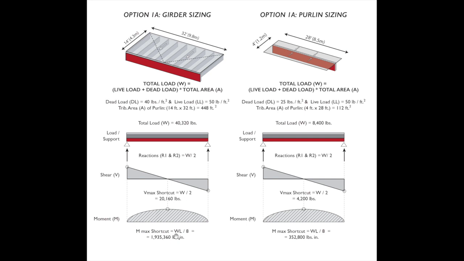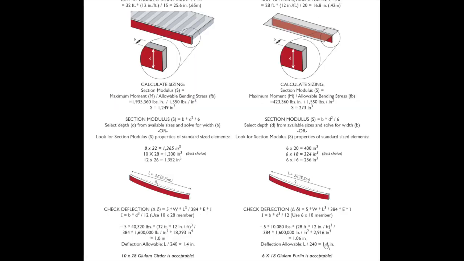The Mmax shortcut is WL divided by 8 for a uniformly distributed load. All of this is a very fast way of finding the maximum moment. The purlin over here, running through the same exercise, has its maximum total load, in this case 8,400. Going down, Vmax, Mmax, all of this then gives us what the maximum moment is going to be.